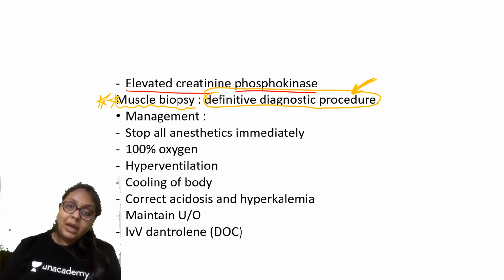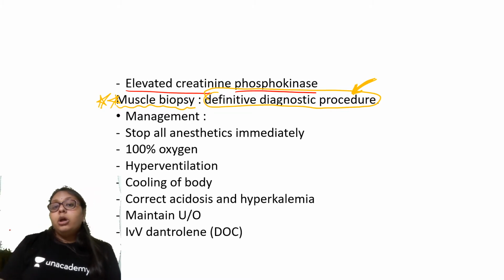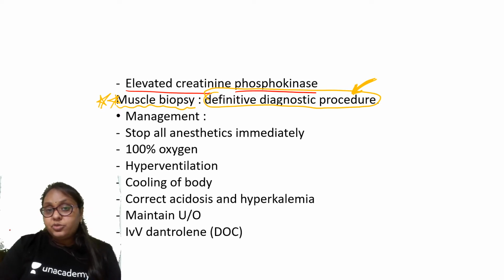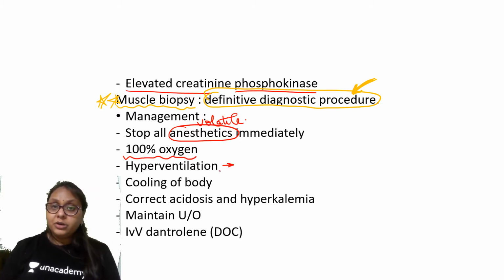Now, how will you manage this patient? First and the foremost thing, stop all the agents that can predispose to malignant hyperthermia. So stop all the volatile anesthetics immediately, give 100% oxygen, and to wash out carbon dioxide, hyperventilate the patient, right?